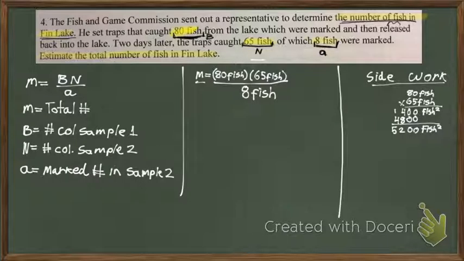So let's take that back over. Since we multiplied these two terms together, we're going to replace that entire numerator with our 5,200 fish squared. So M, the total number of fish, is equal to 5,200 fish squared divided by 8 fish.